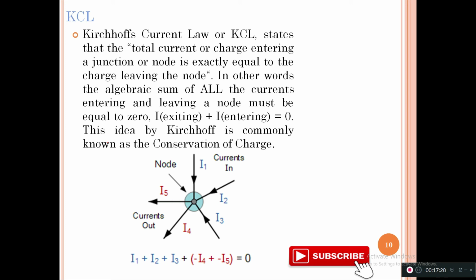So it does not matter what direction you take, you will always make it equal to 0. And it will always be true, as we have seen in the case of KVL. It doesn't matter what direction we take, the equation remains the same. The same fundamental applies for KCL also. So you can take incoming current as minus, then you have to take outgoing current as plus. If you are taking incoming current as plus, then you have to take outgoing current as minus.